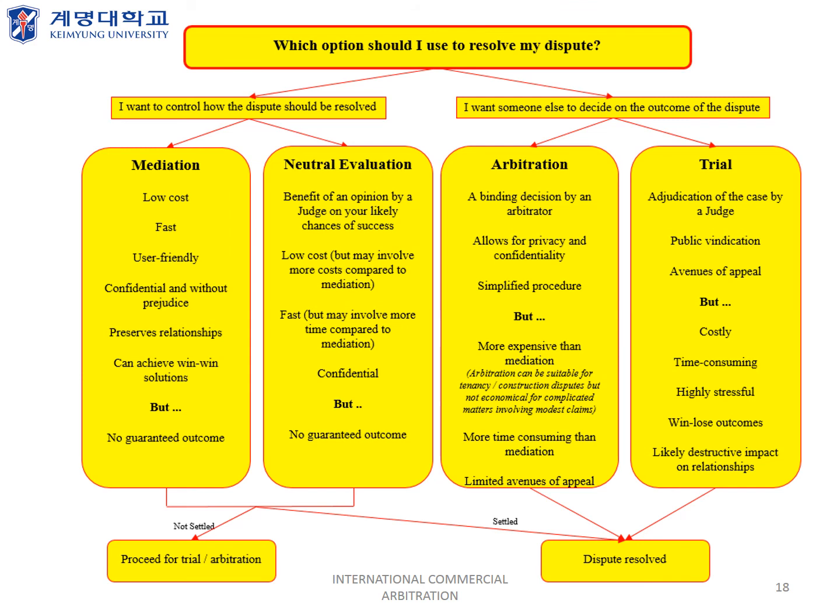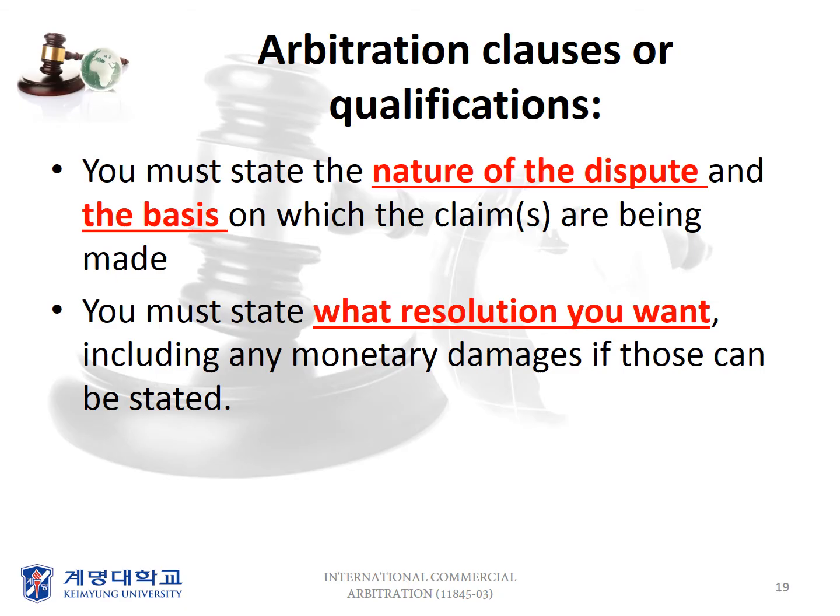Here are also other options that you can use to resolve a dispute: mediation, mutual evaluation, arbitration, or trial or litigation. So, what are the qualifications of arbitration clauses? Number one, you have to state the nature of the dispute and the basis. Is it valid or not?